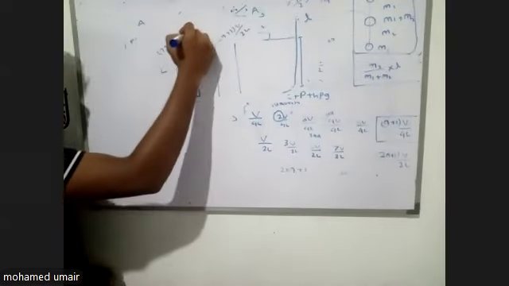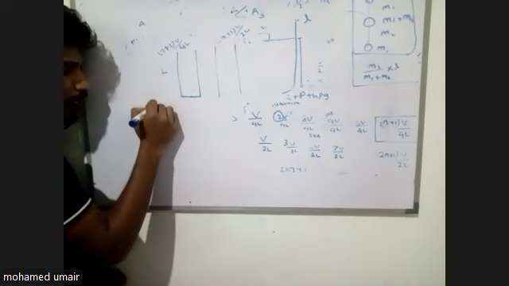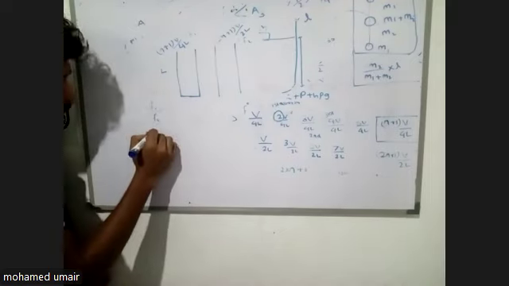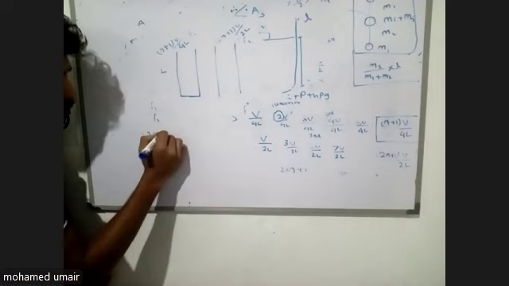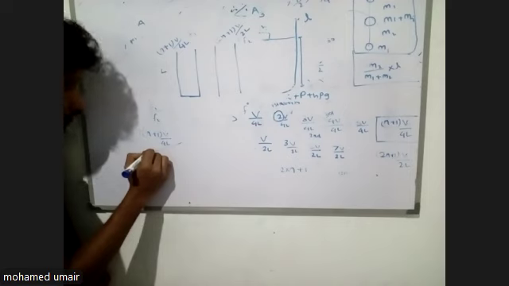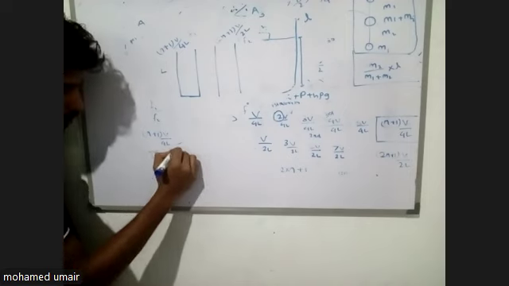And what they asked here is the ratio of the frequencies. If it is F1 and F2, they ask you for F1 divided by F2. Which means n plus 1 times V over 4L, divided by 2n plus 1 times V over 2L.